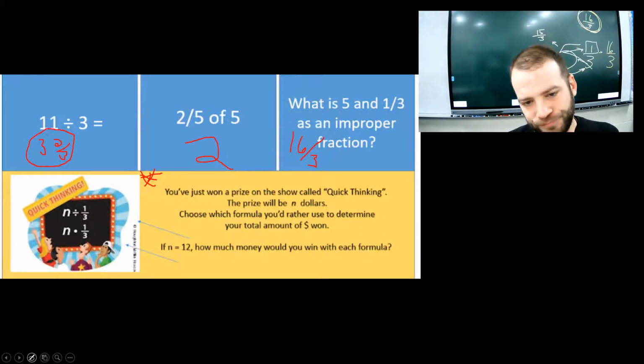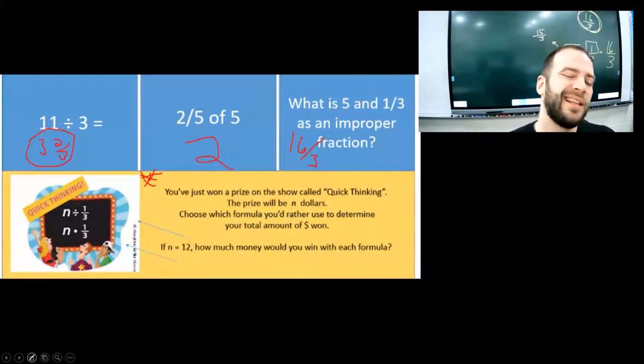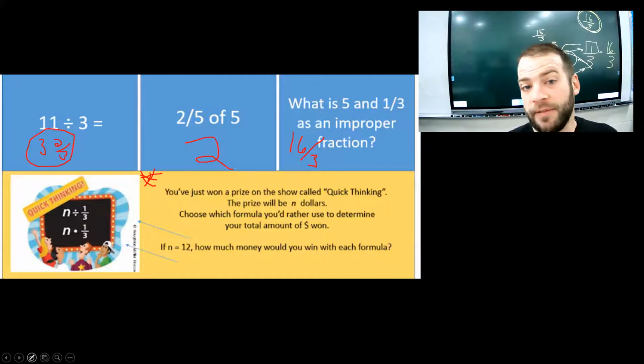Now, in this question, I just asked you 2 different ways. First, I said, which one would you rather have? Whatever the N is, the money that's given to you, would you rather have it divided by a third or multiplied by a third? And this is really checking to see if you understood yesterday's lesson. Yesterday's lesson, we talked about when you divide by a fraction, it doesn't get smaller.